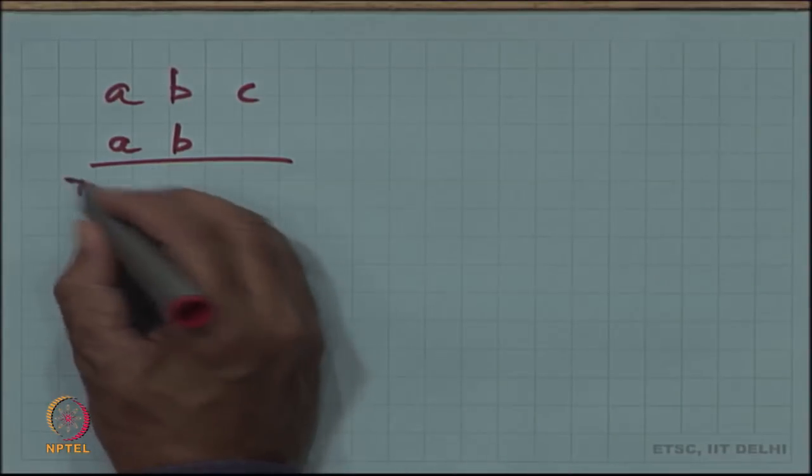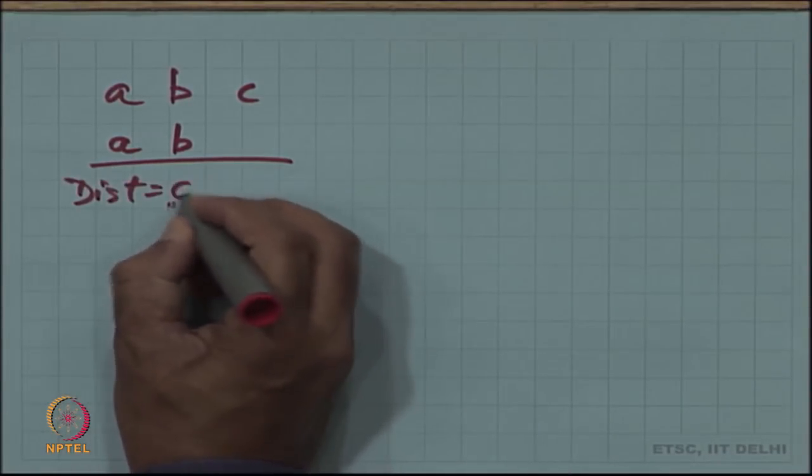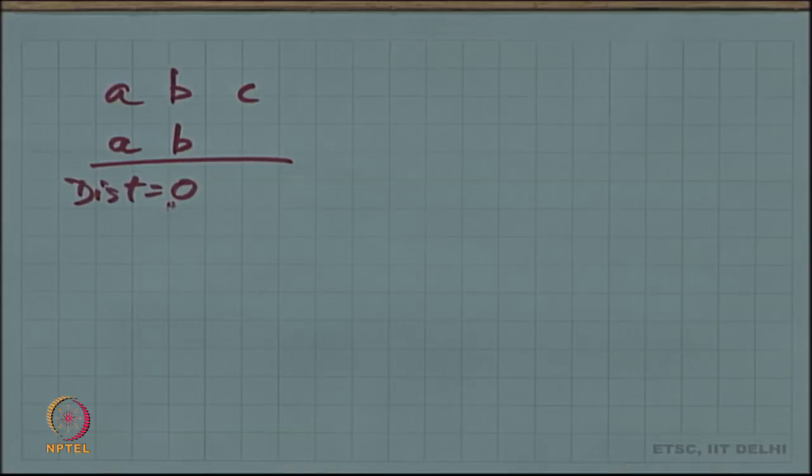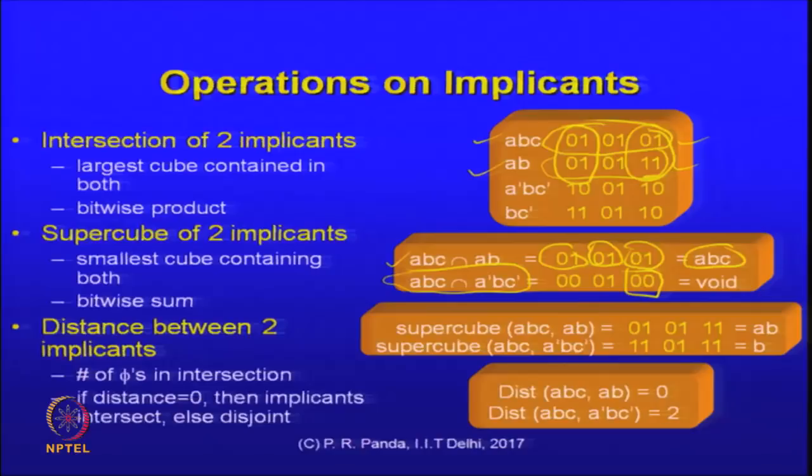So, we will say that the distance here is 0. This is captured by performing an intersection of the two implicants and counting the number of voids.